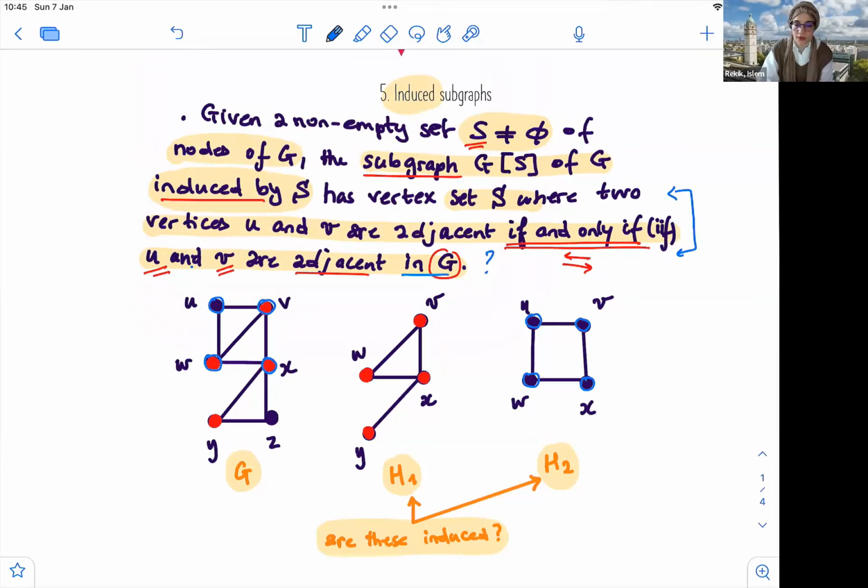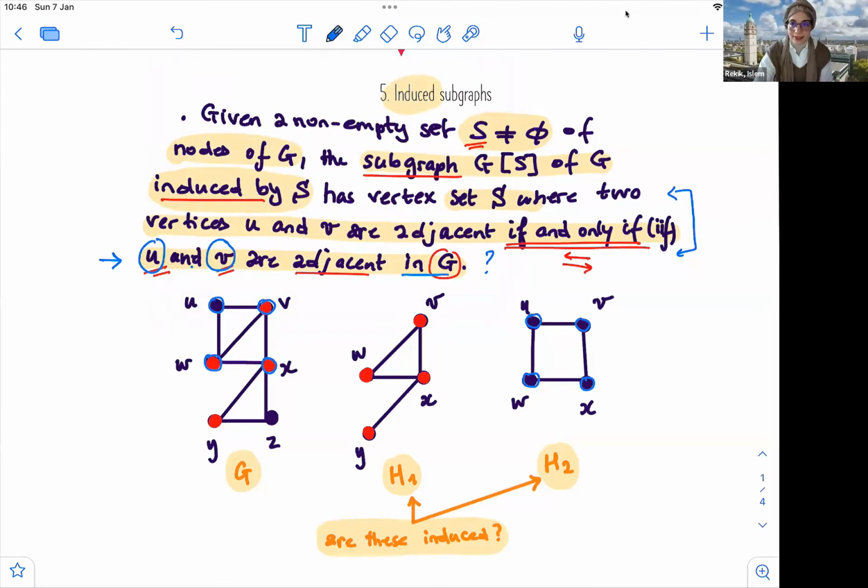You need to check all the connectivities between these pairs of nodes, the red ones and the blue ones, individually. If you discover that two nodes in the original graph are connected but are disconnected in the subgraph, then that subgraph is not induced from G by the set S of nodes that we defined.